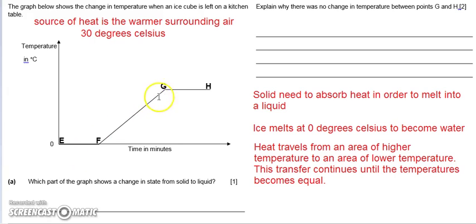So from F to G, there's no more melting. F to G, it is already in liquid state. Now what happens between G and H?